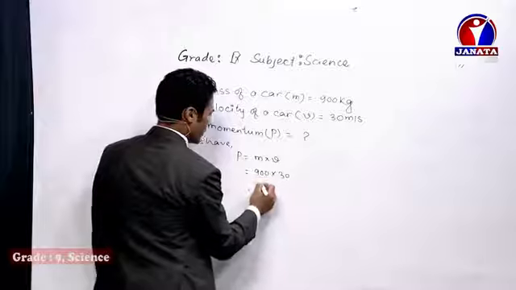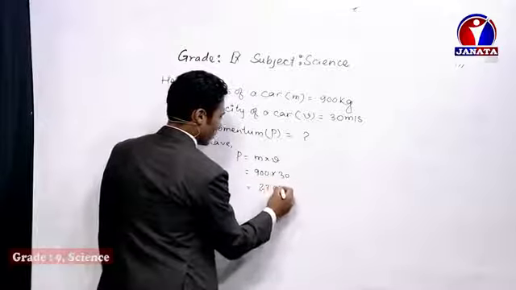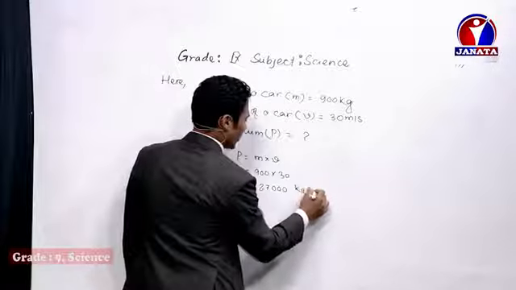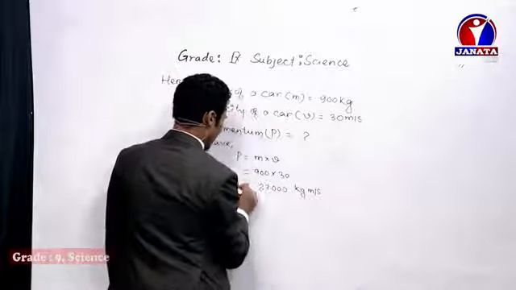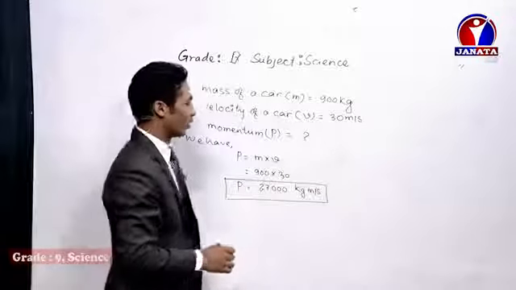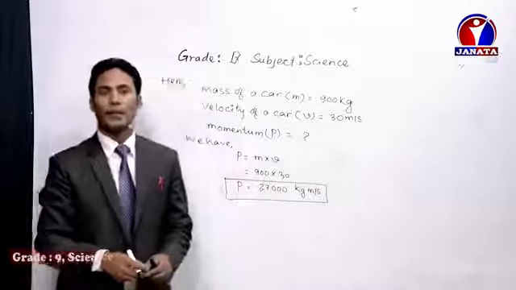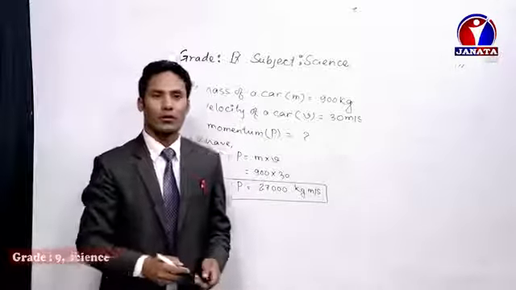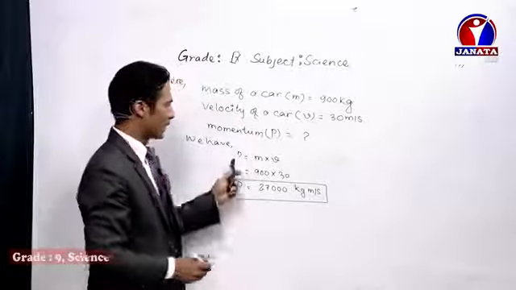So this is 27,000 kg meter per second is the answer. Therefore, the momentum of that car is 27,000 kg meter per second. So related with momentum, we can solve numerical problems by using this formula.